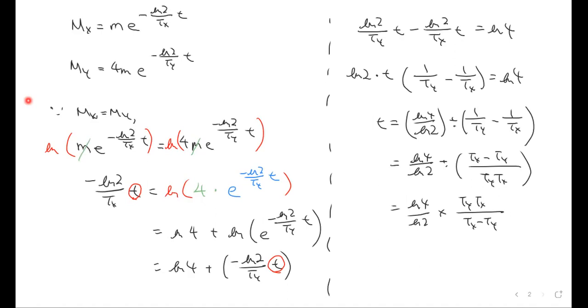Now log 4 over log 2, we can think of log 4 as log of 2 all squared, which means it's 2 log 2.